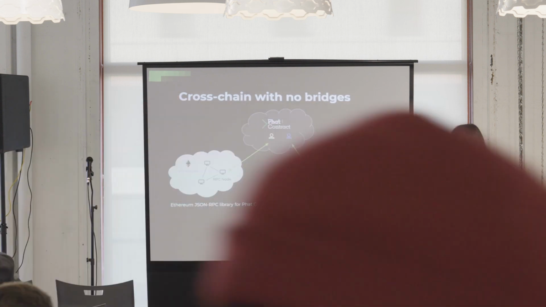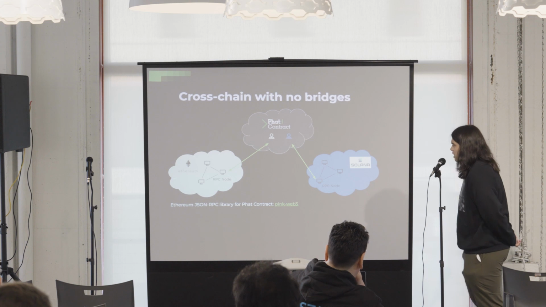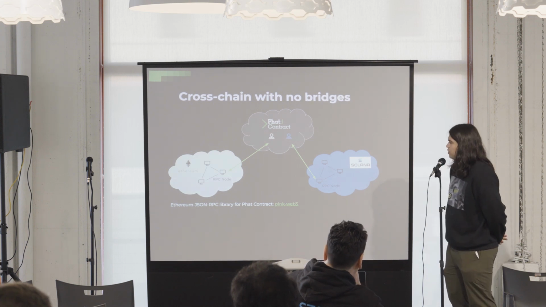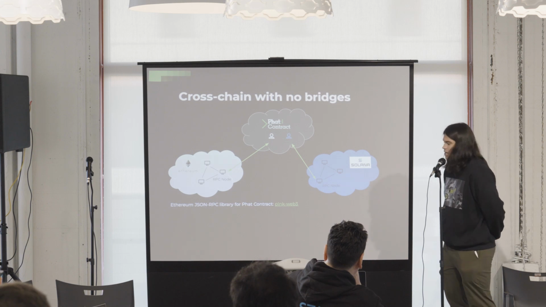Here, I had mentioned being able to interact and transact with other chains. With Phat contracts interacting directly with other blockchains and their RPC nodes, you can compose these extrinsics, sign them with the derived key pair within the Phat contract, and then send them to the destination chain.